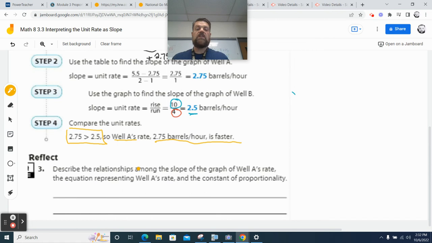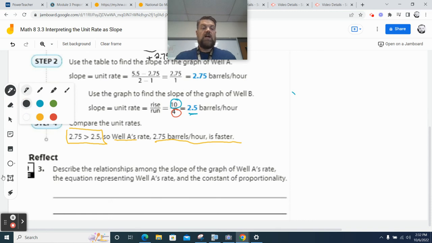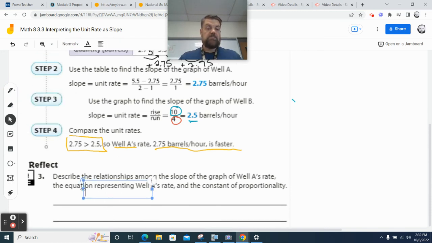It says, describe the relationship among the slope of the graph of well A's rate and the equation of well A's rate and the constant of proportionality. I would say it like this.